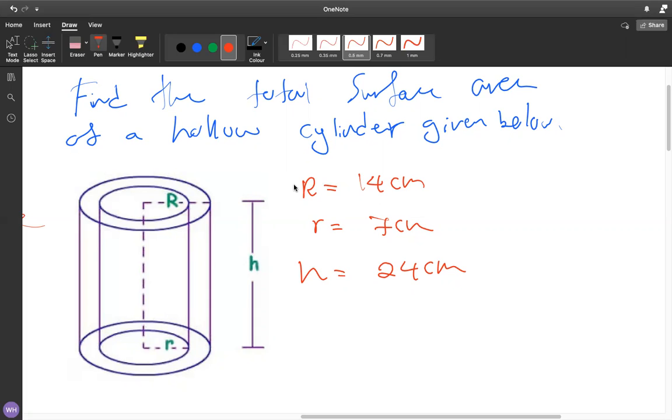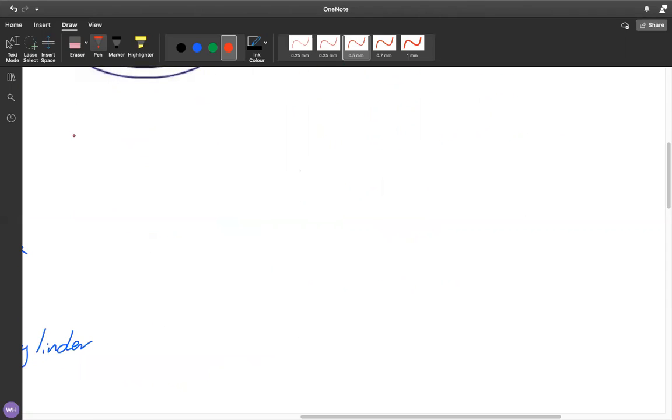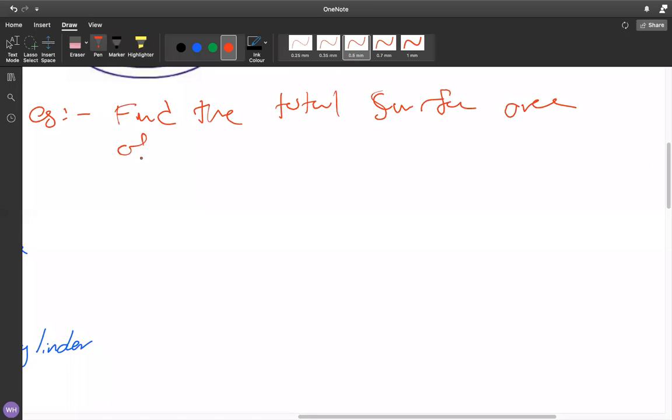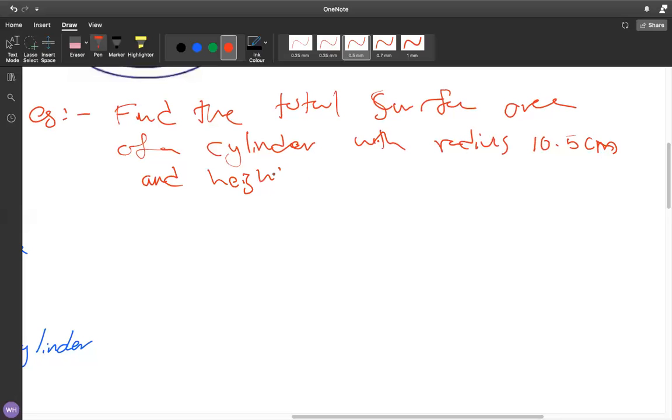Hari, Punch Prashna then another one. Do it now. Example. Find the total surface area of a cylinder with radius 10.5 centimeters and height.